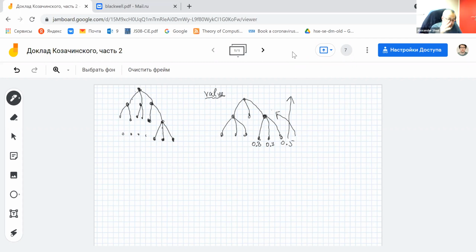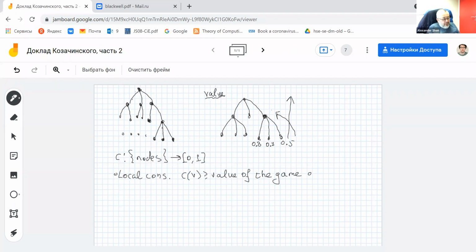What I want to say is only one thing: for infinite games, we can consider the same kind of functions. For each finite level, we have some value. And also we can have a local consistency: the value for a given vertex is at most the expected value in this game, in this vertex, with the values from the next level. But since we don't have any last level, we have another condition in the limit: for an infinite branch, the payment is bounded by lim inf.